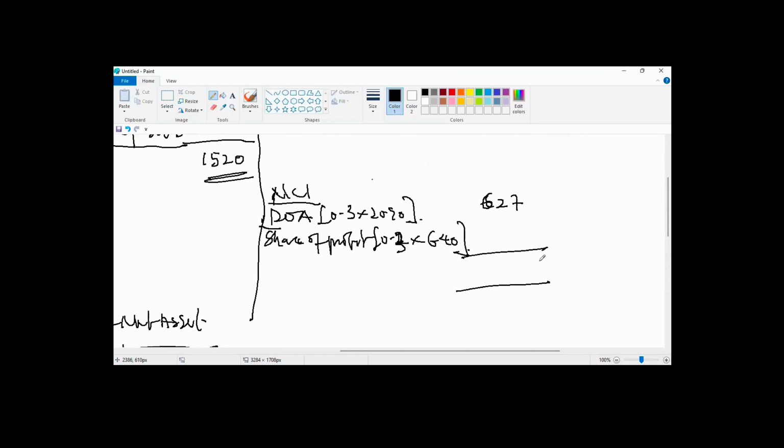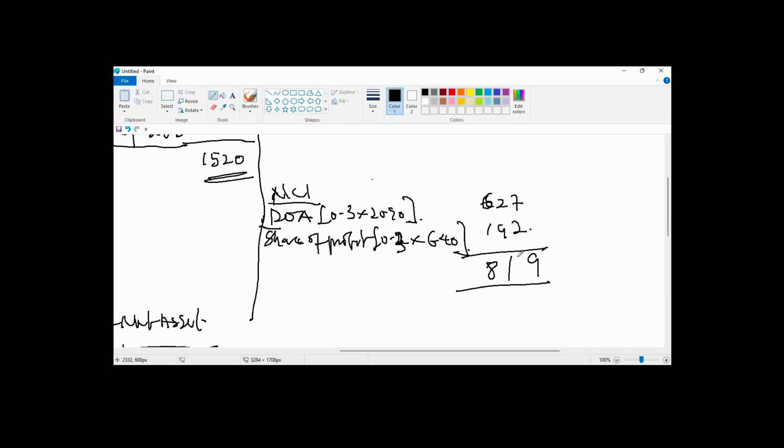That is the end. 0.3 times 640 is 192. That will give me 819 for NCI.